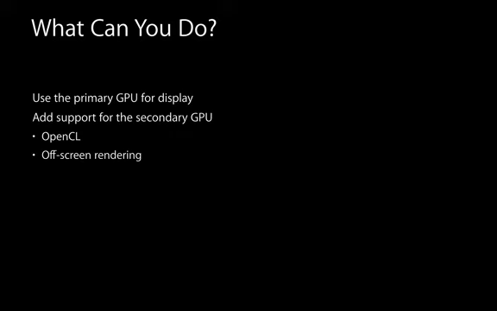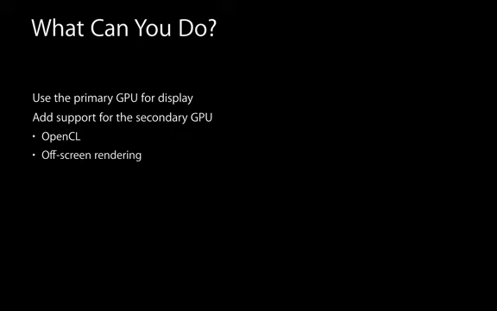And this is actually a relatively easy type of operation to perform. You can offload compute work to the second GPU. This is similar to if you took an application where you were running most of your compute work on the CPU, and you decided to move some of that work from the CPU off to a GPU in OpenCL. We would perform the same operation. We'd take that compute work and just move it to the secondary GPU.